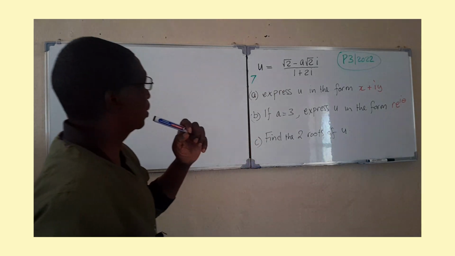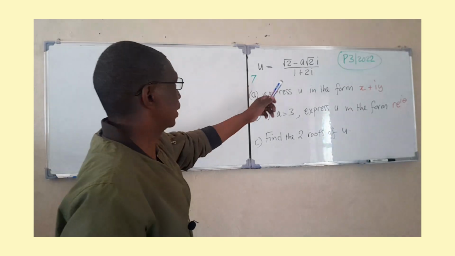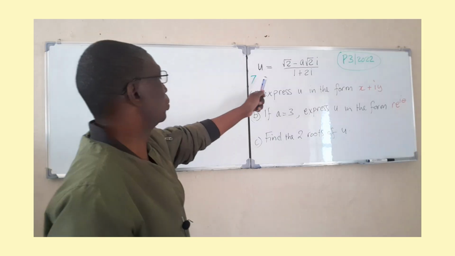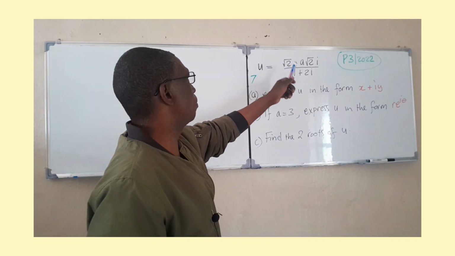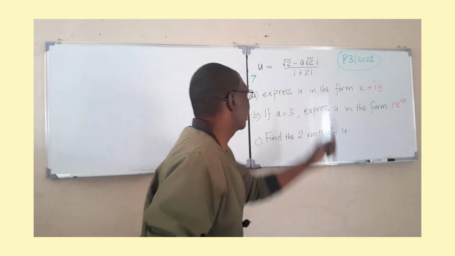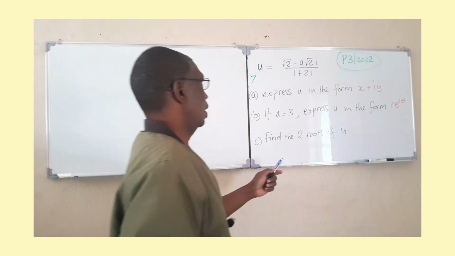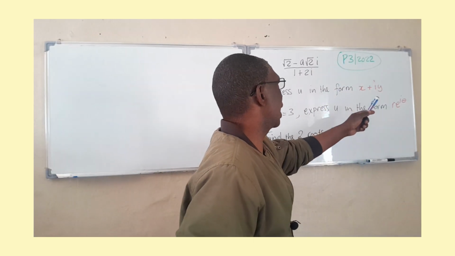Now, question 7 is a question that is entirely on complex numbers, and it says here, u is equal to root 2 minus a root 2i divided by 1 plus 2i. First question says, express u in the form x plus iy.